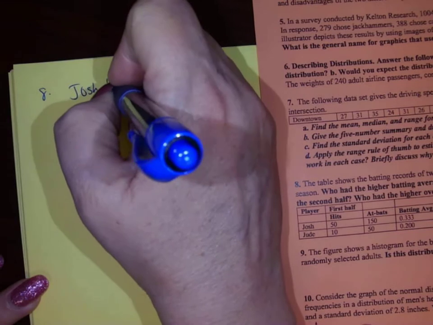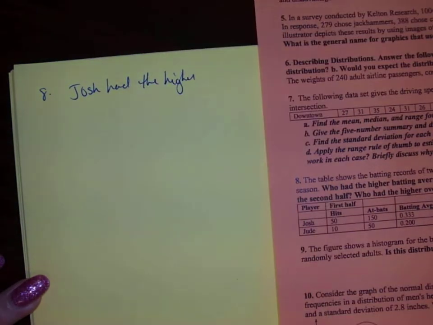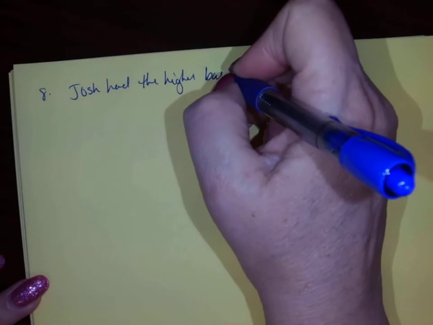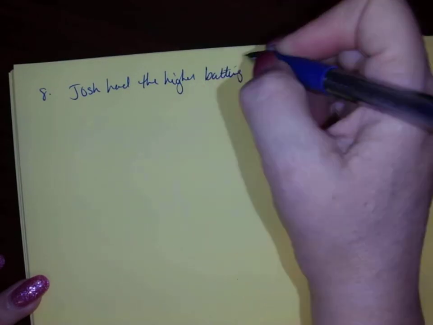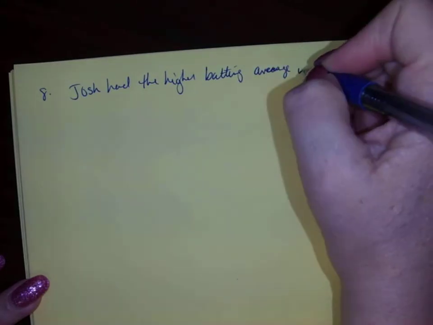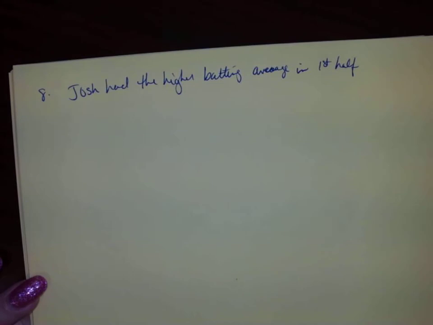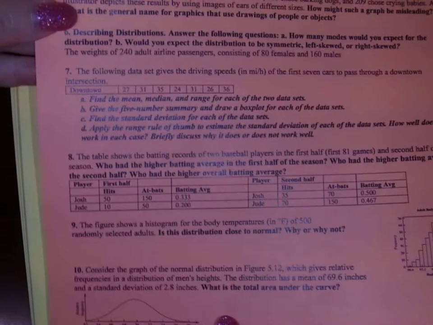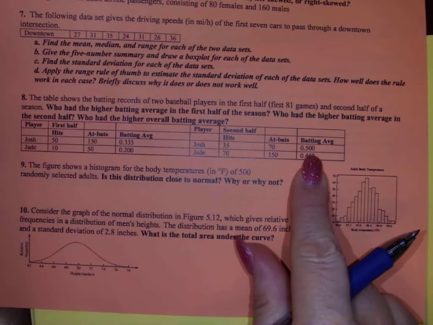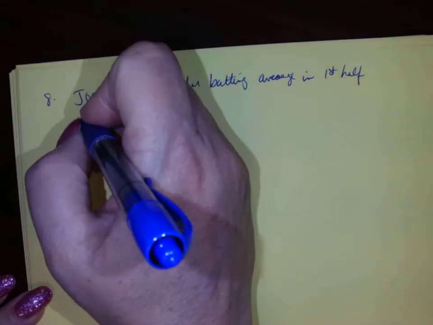So Josh had the higher batting average in the first half of our season. And then if we look at the second half, Josh had 0.5 and Jude had 0.467. So Josh had the highest in the second half.